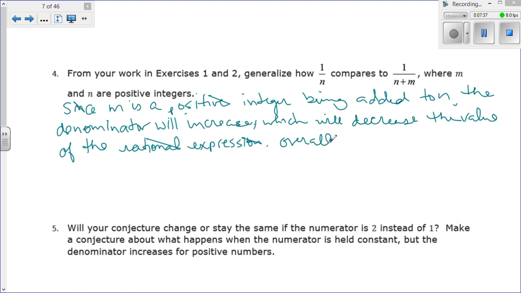So overall, 1 over n would have to be greater than 1 over n plus m for positive integers m and n.